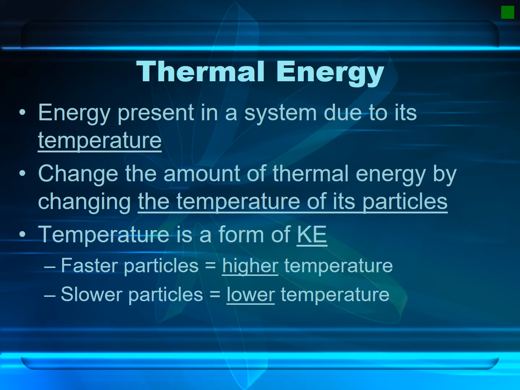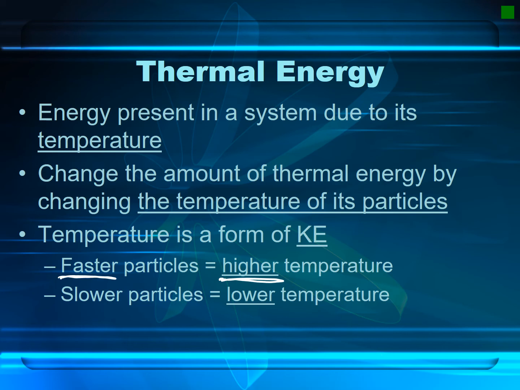Thermal energy is present because of temperature. If I want to change its thermal energy, all I have to do is change its temperature. I can either make it go up or go down. Thermal energy is actually the temperature of its individual particles, and it's how fast these particles are moving. If I want to increase something's thermal energy, I make the temperature higher, which in essence is making the particles move faster.